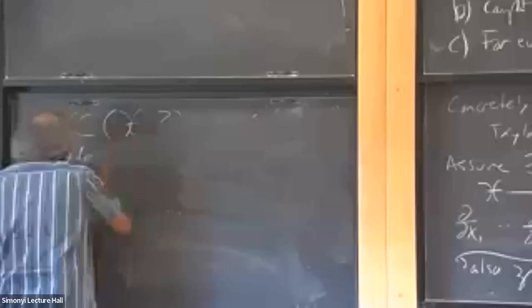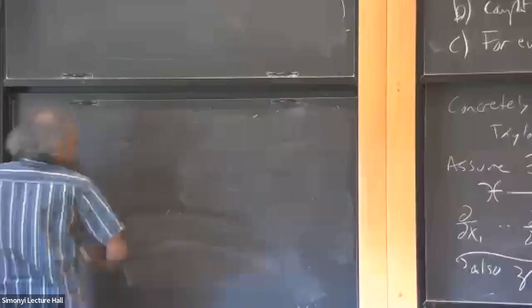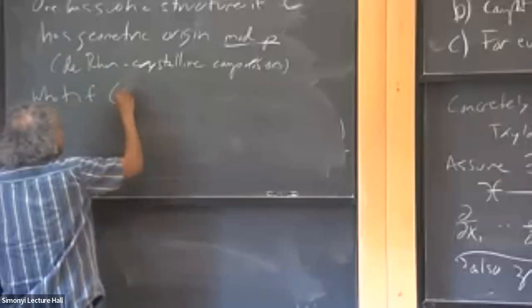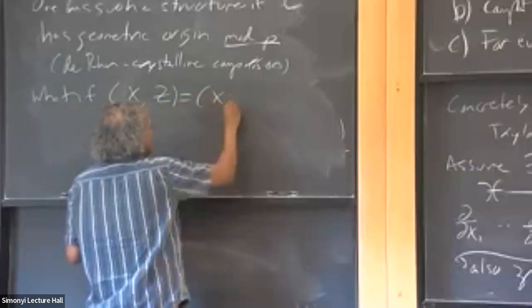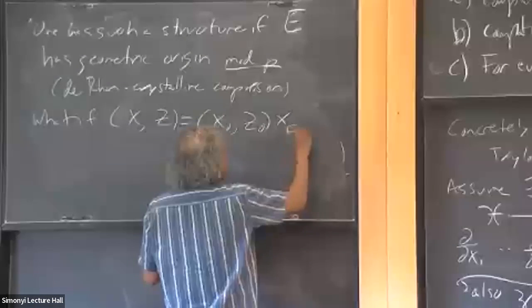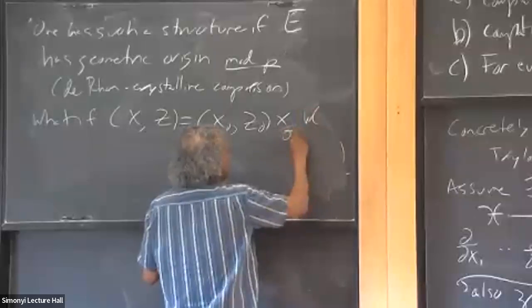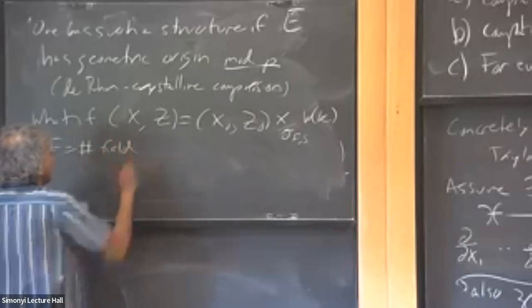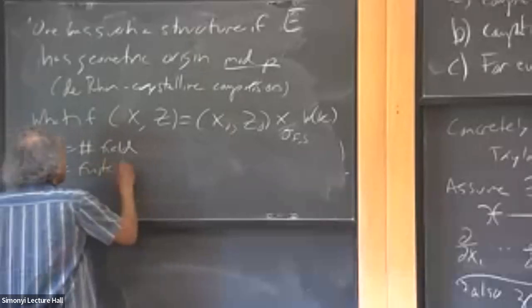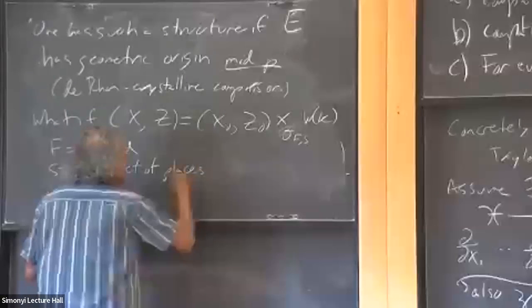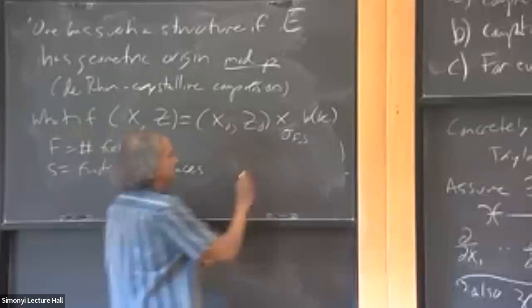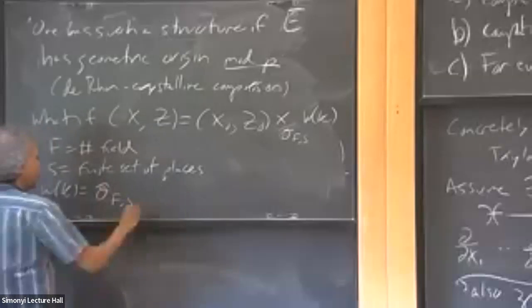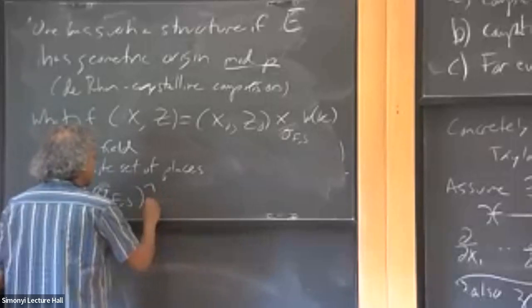So suppose now X_Z is the base change of X_0, Z_0 times over F with, say, O_{F,S} to W_K, where F is some number field, S is some finite set of places, and K is a finite field, so W_K is the completion with respect to some place.